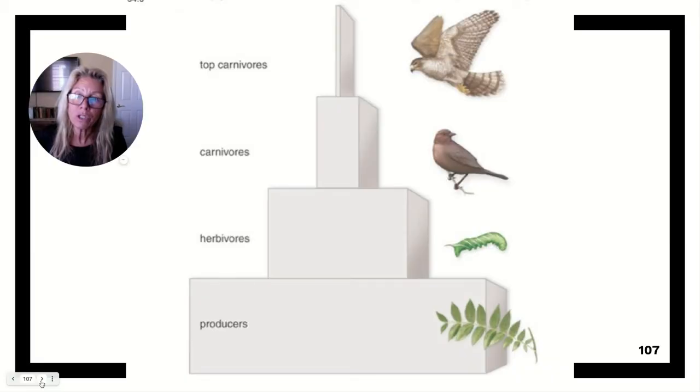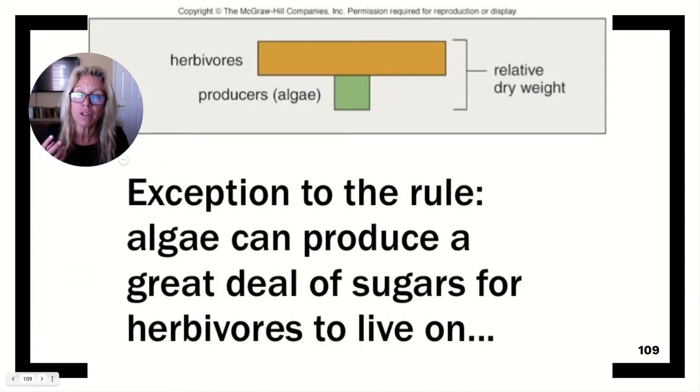But the best one to do would be a pyramid of energy: this one has more energy, then this one has a little less energy, and this one has a little bit less. There are also exceptions to that rule, because sometimes you have algae who can produce a lot of sugars to support a large number of herbivores. So the best one would be a pyramid of energy based on energy content, less energy at each level.